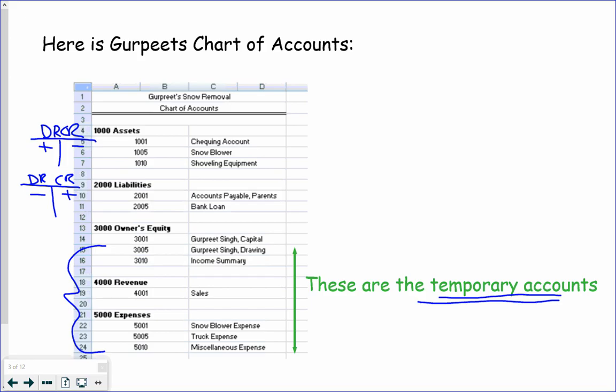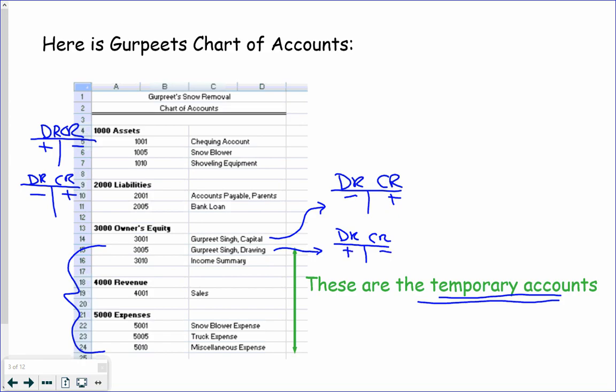Okay, so the capital account, this is on the next page. Credit is plus, debit is minus. For the drawings account, the debit is plus and the credit is minus.